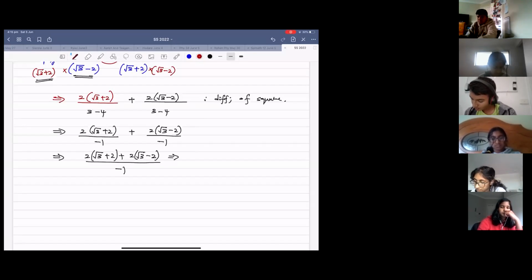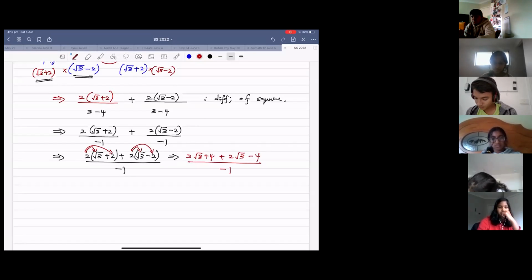So now what you do? Bracket simplification. You remember the separate topic. 2 square root 3 plus 4 here and here it's going to be 2 square root 3 minus 4, divided by minus 1. You can see here plus 4 goes with minus 4.